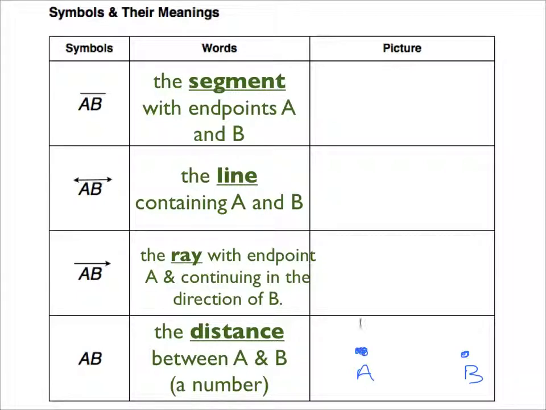So once again, let's say A is 1 and B is 4. What's AB then? 3. 4 minus 1 to find the distance. Remember, distance is difference, and difference is subtraction.